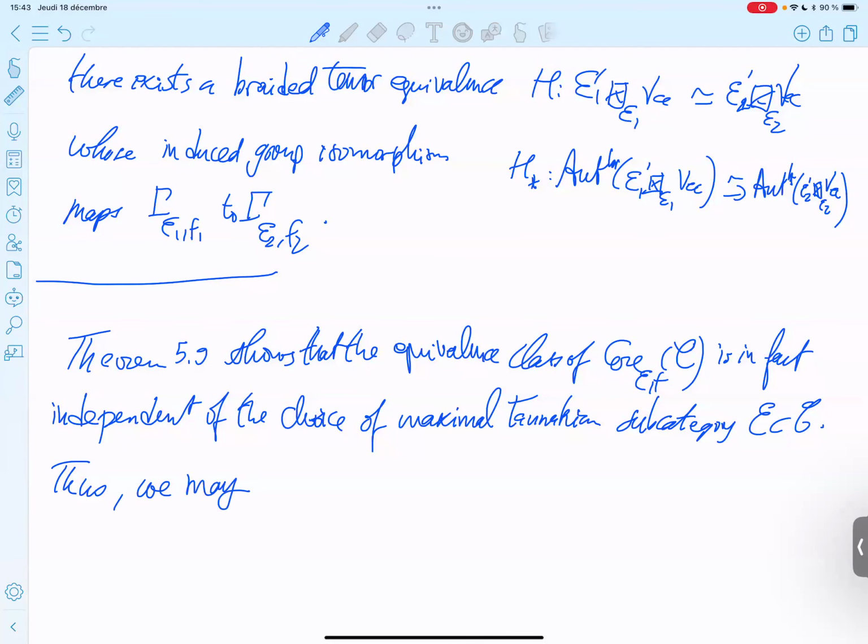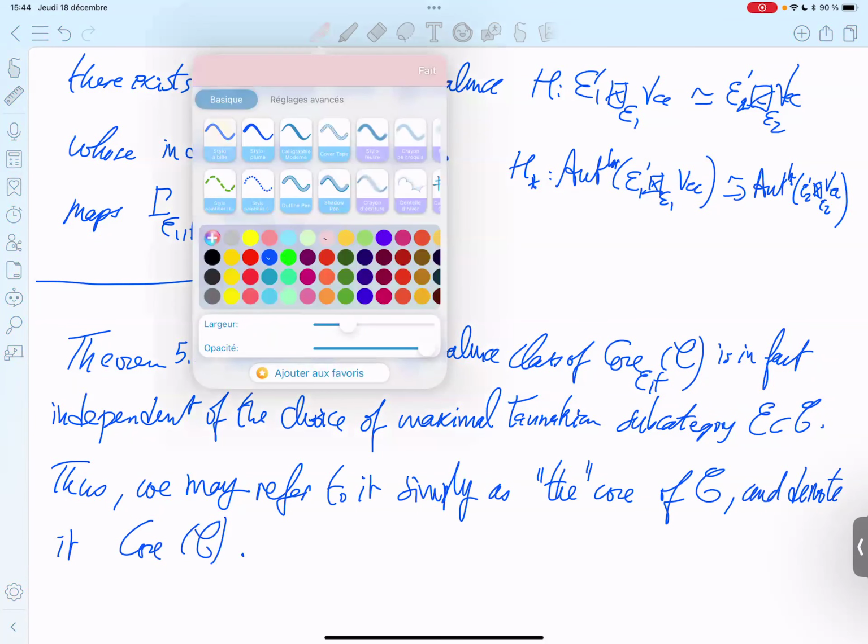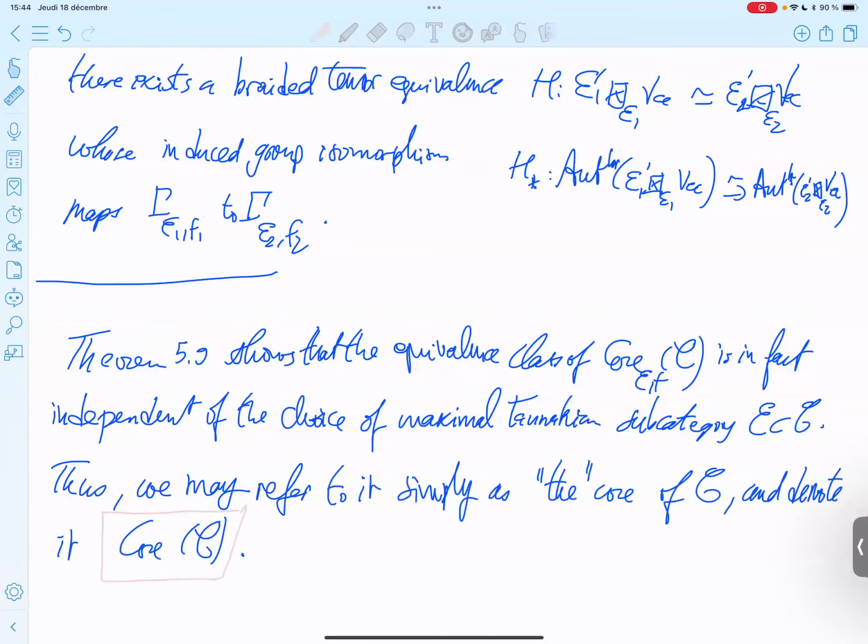So we refer to it simply as the core of C, and denote it just core of C. There is a single equivalence class.